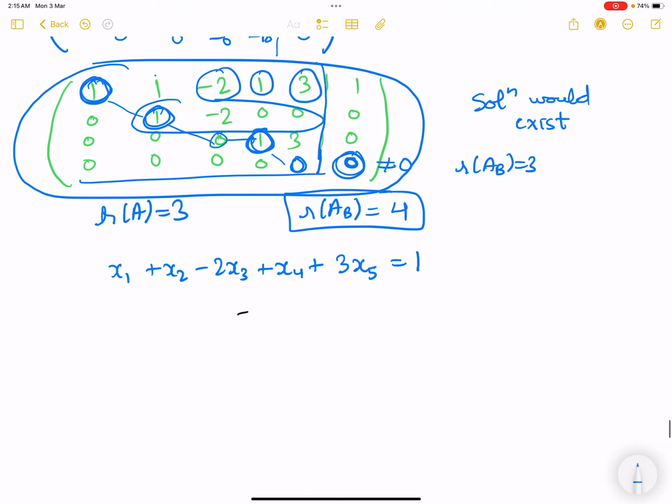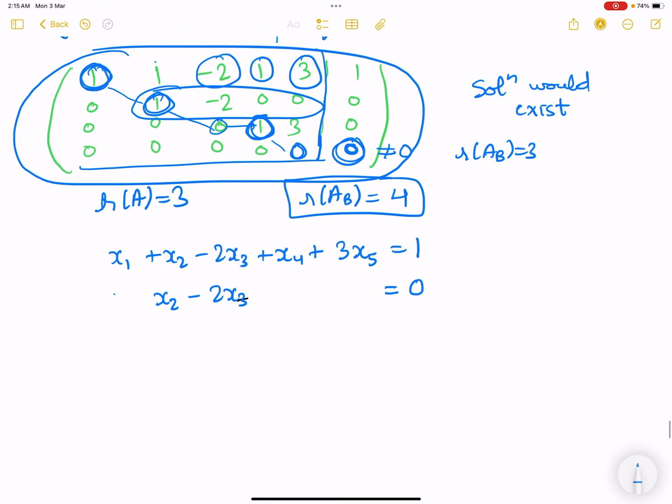With the help of this, we know this is 0x1 plus 1x2 minus 2x3, and this is 0 equals to 0, right? Now similarly this gives us x4 plus 3x5 equals to 0.